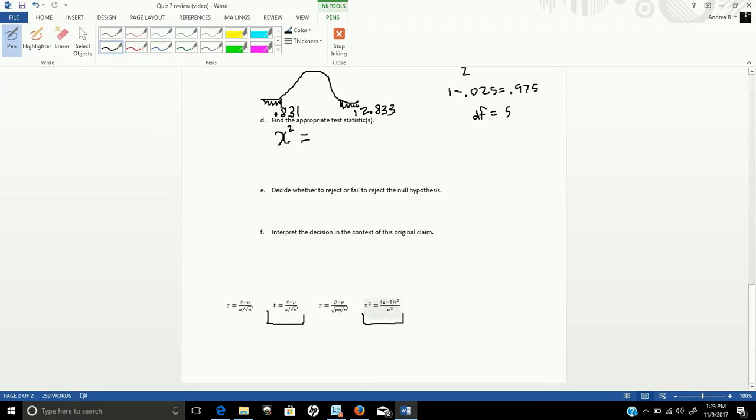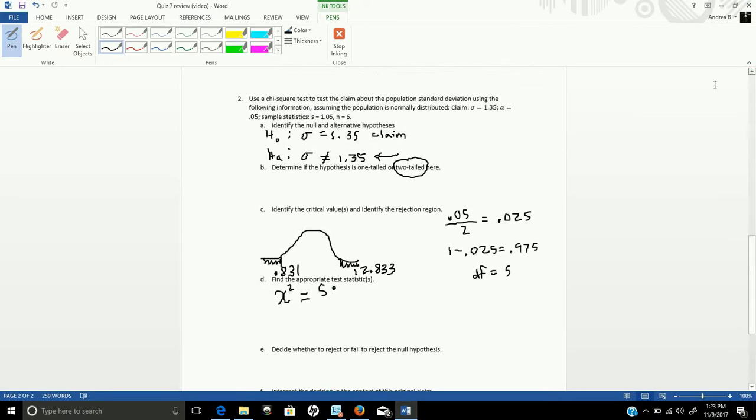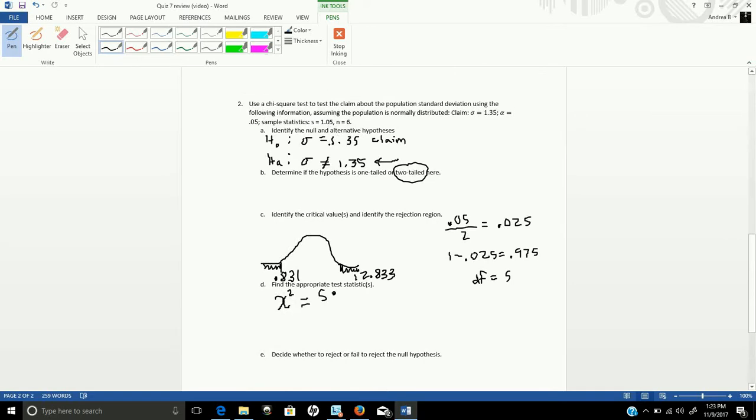So here we have our sample size minus 1, which is also the same as our degrees of freedom. So in this case, it's 5. And then we have to multiply that times our sample standard deviation, which we look back up from this problem. It was the 1.05. So we're doing that times 1.05 on the top.